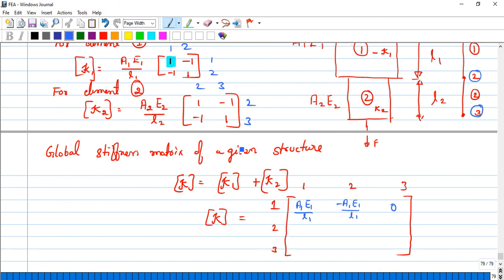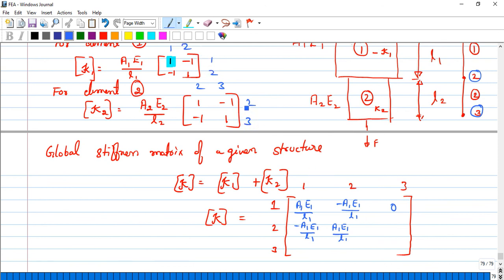Followed by the 1 2 position, which is minus A1 E1 by L1, and the 2 2 position is plus A1 E1 by L1, and so this completes the first element's part of the matrix.